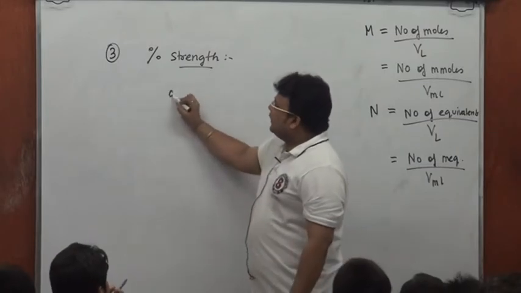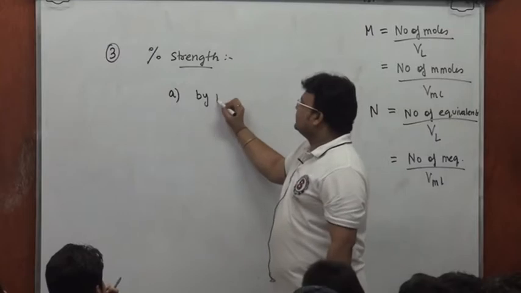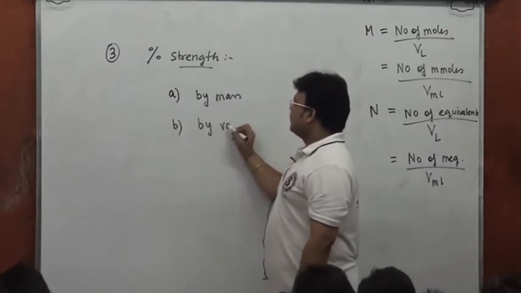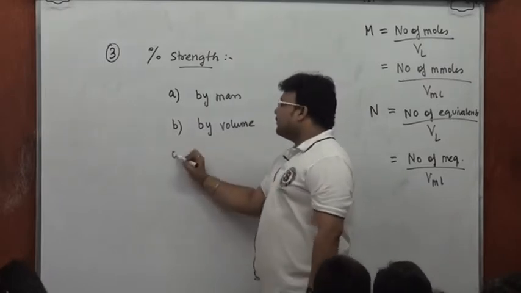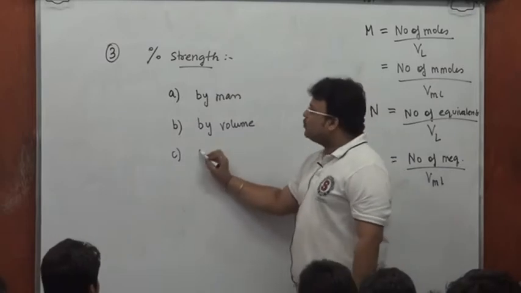Now, let me tell you all of it. It could be percent by mass, percent by volume, or the third one, which will be the most popular, which will be only percentage.